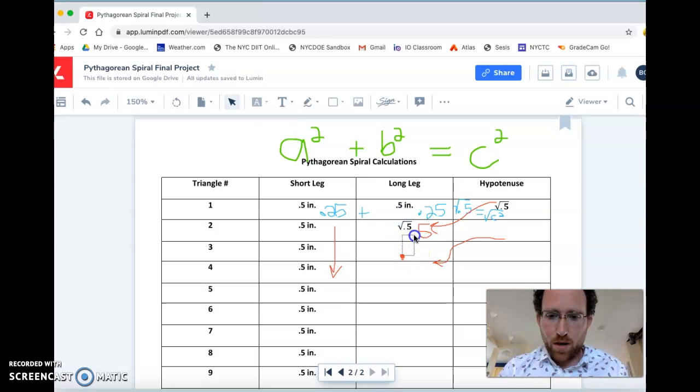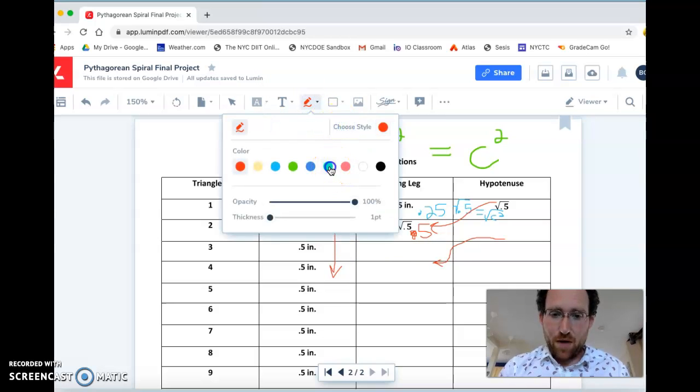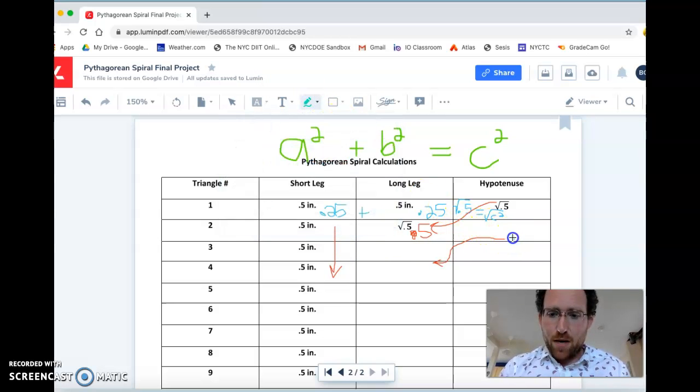So the square root of 0.5 squared is going to go up here. Okay, so it's going to be 0.5 plus 0.25. So then I'm going to get 0.75.